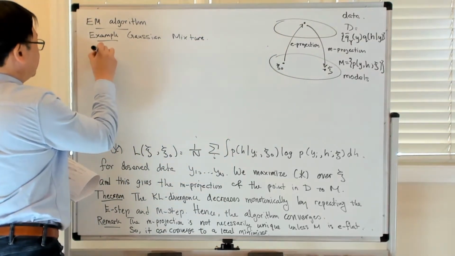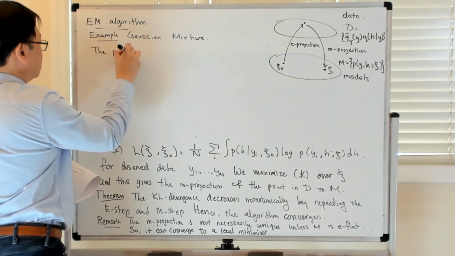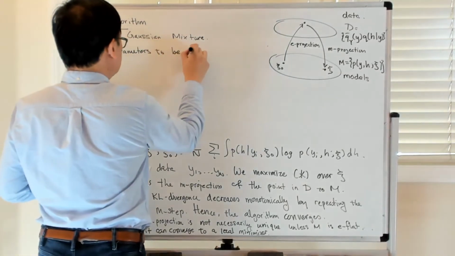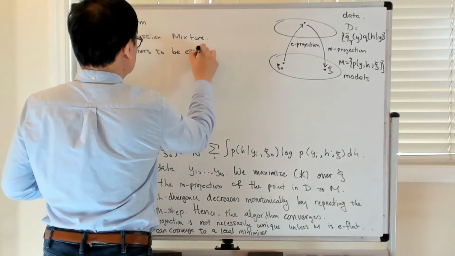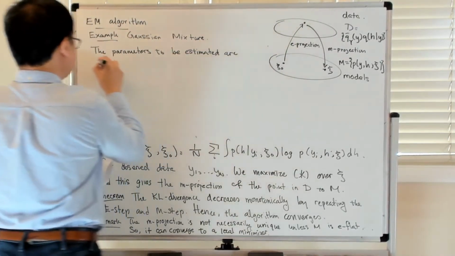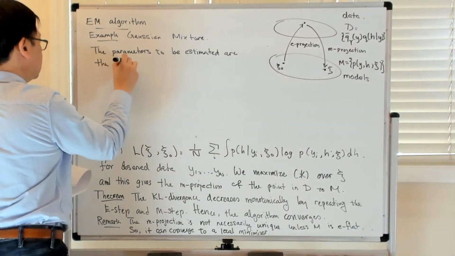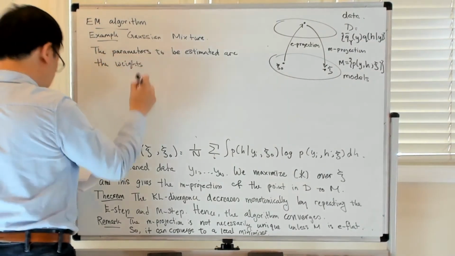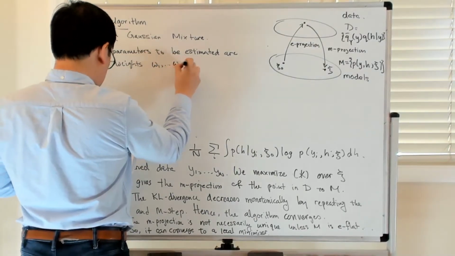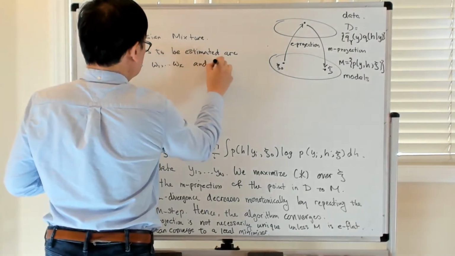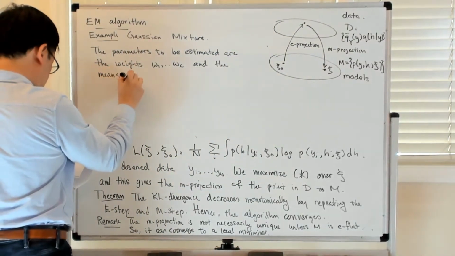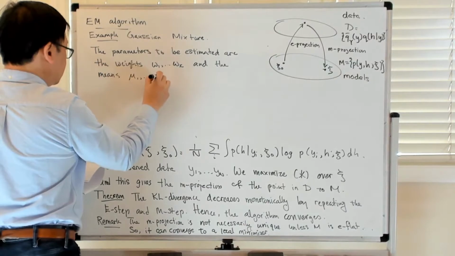So the parameters to be estimated are the weights W1 to WK and the means mu1 to mu k.